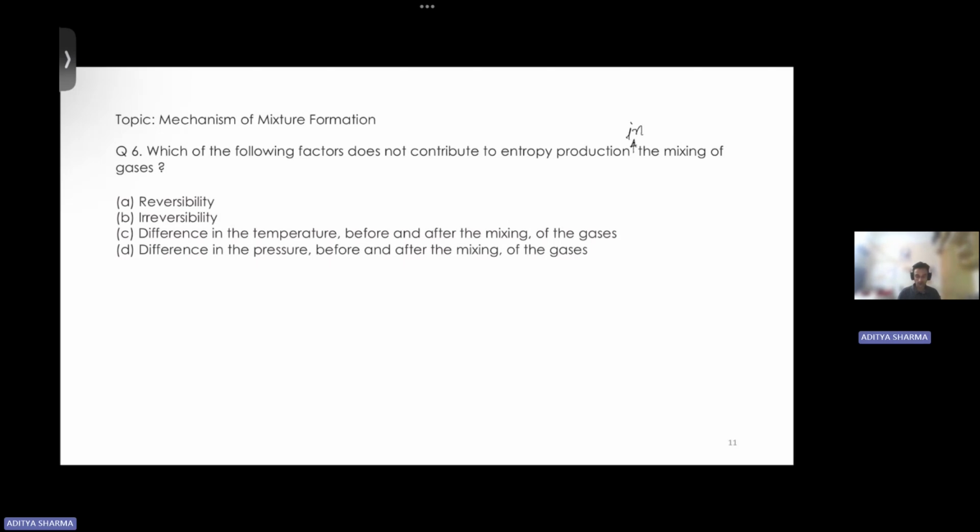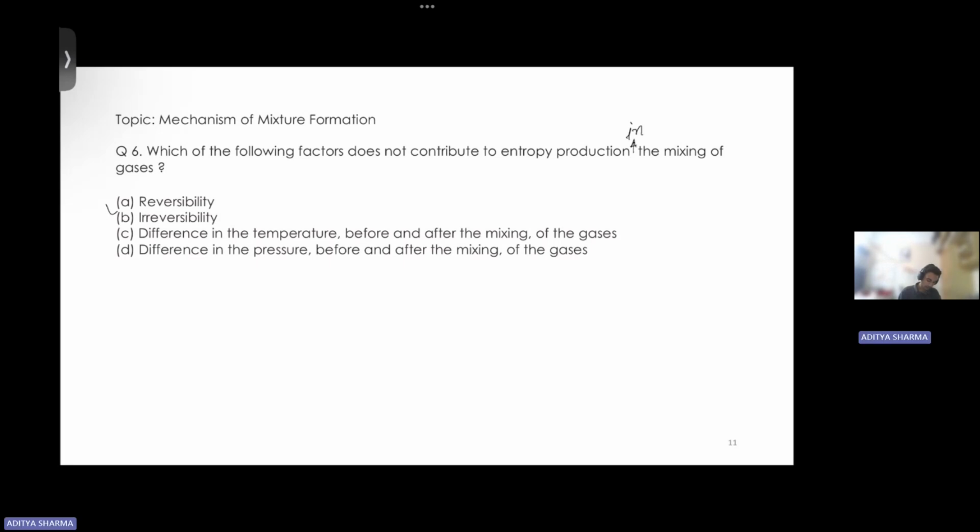Right? So the internal irreversibilities in the system lead to entropy production. Difference in temperatures does lead to entropy production. Difference in pressures is one of the factors that has also been discussed in the lectures.